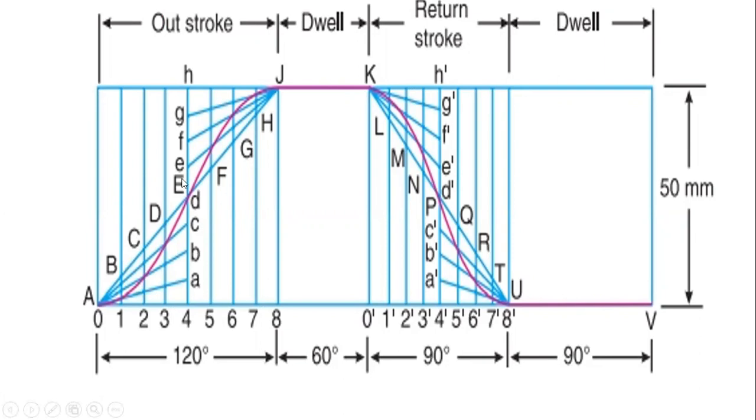For the first section, the outstroke section, divide the outstroke section of 120 degrees into 6 equal parts or 8 equal parts. You may take an even number, be it 6 or 8.